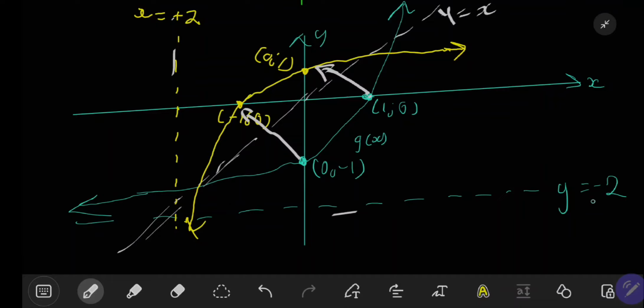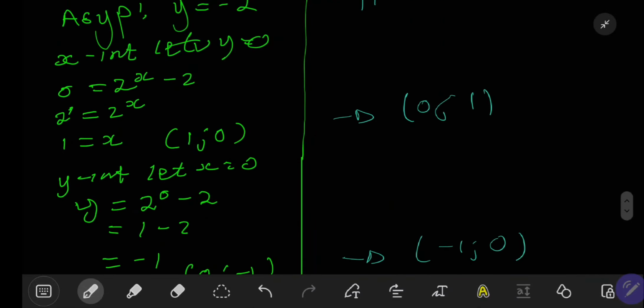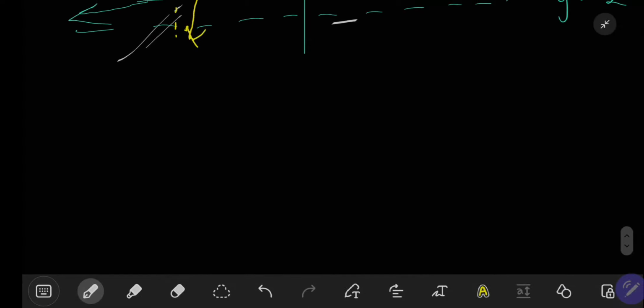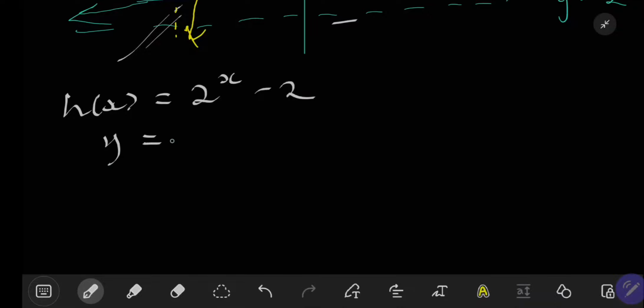So this yellow graph is our g^-1(x). This is our inverse function. So let's determine the equation for the inverse. Let me use the original, this is equals to 2^x minus 2. So we know that this is y equals 2^x minus 2.